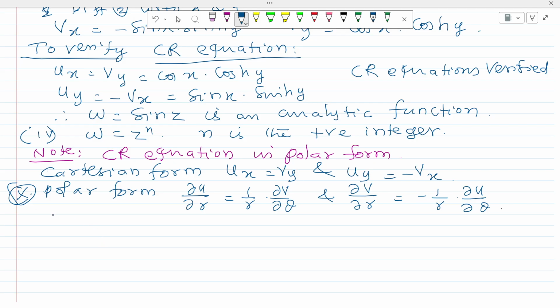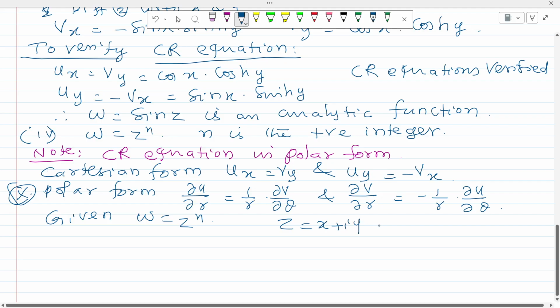Now listen. Here, what is the given function? Given is W equal to Z power n. So Z equal to x plus iy is the Cartesian form.